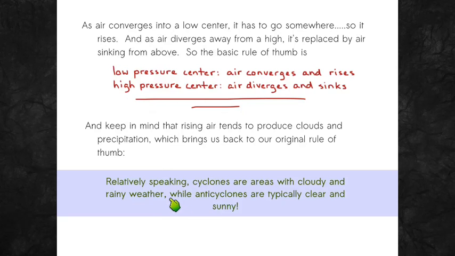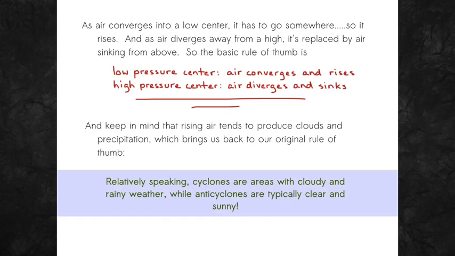So cyclones are cloudy and rainy weather. While anticyclones, the high pressure zones, they have air sinking above them, and so they're going to tend to be clear and sunny. This is actually the rule of thumb that we started all of this with back when we first talked about cyclones and anticyclones, that low pressure zones tend to be cloudy zones and high pressure zones tend to be clear and sunny.